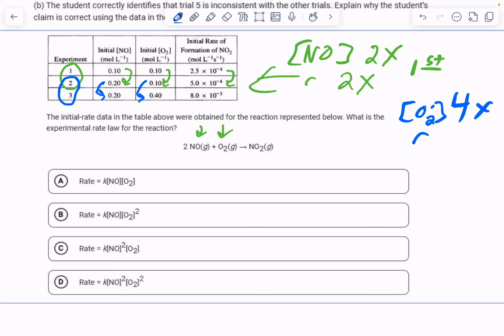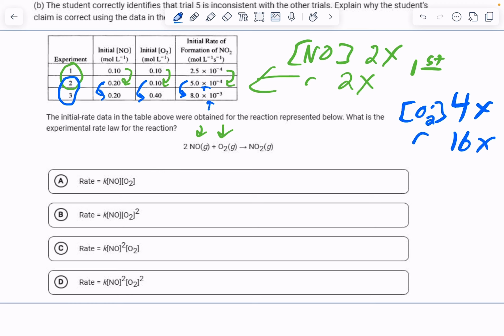This goes from a 5.0 times 10 to the negative fourth to 8.0 times 10 to the negative 3. Now, if you can't do that math in your head, use a calculator. All you got to do is take the final rate and divide it by the initial rate to figure out that change. In this case, it gets 16 times as large.